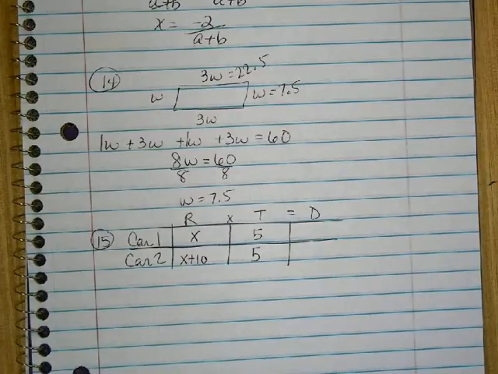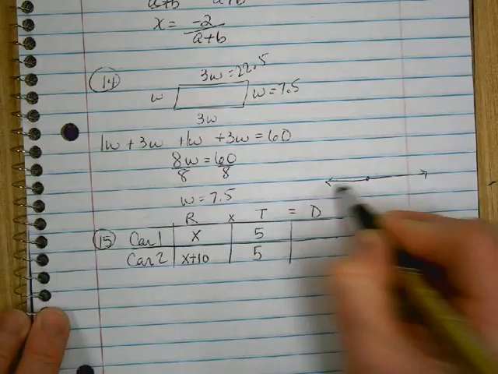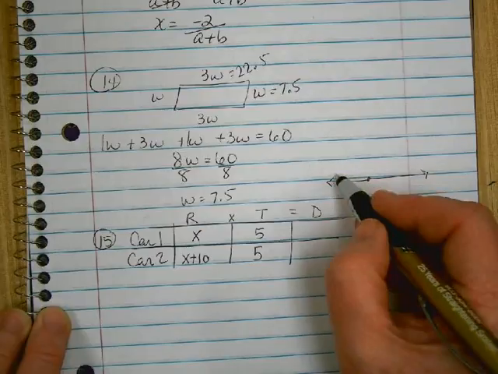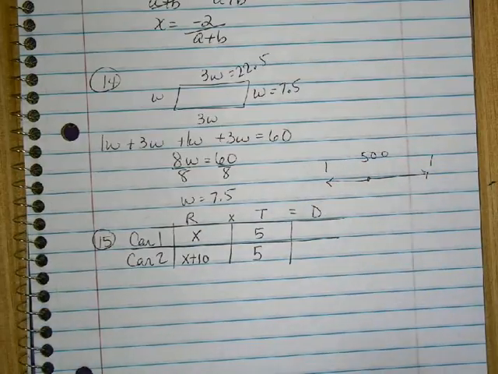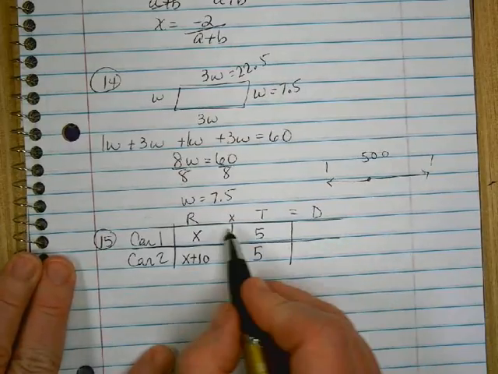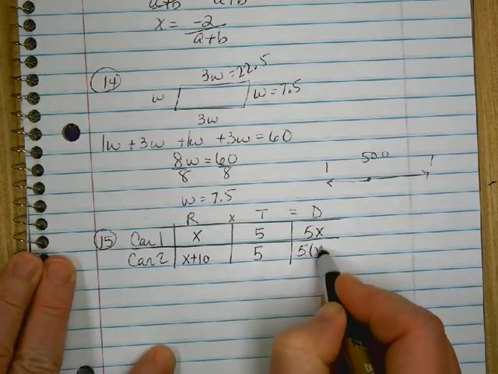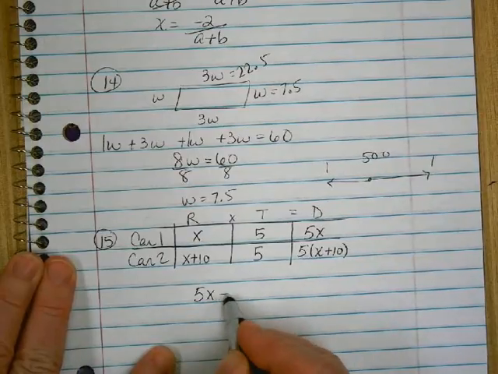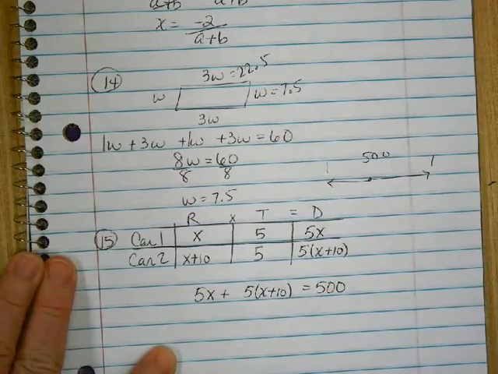Now here's what this looks like. One went this way, one went this way. One's going faster than the other, so it's going to go a little bit further. At the end of 5 hours, their distance is 500 miles. Well, I don't know either of them's individual distance, but I'm going to multiply this together. This is 5x, and this is 5 times x plus 10. Together, that's supposed to equal 500.